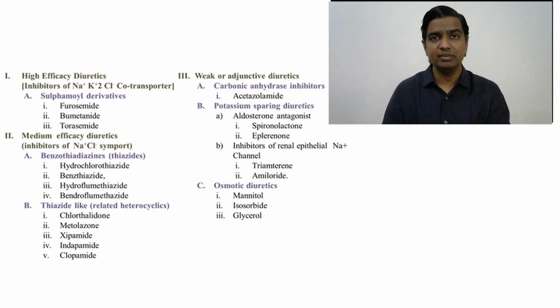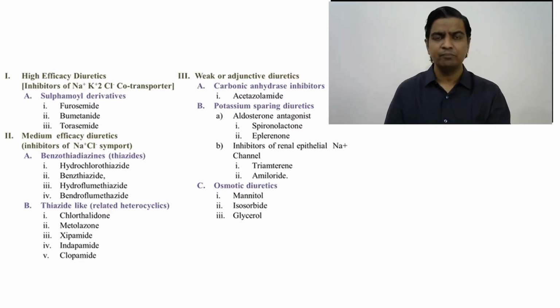Site 3 has to be referred to as the cortical part of the ascending limb of loop of Henle, and site 4 has to be referred to as the distal convoluted tubule and the collecting duct. Write full names in your exams. Simple, easy to understand.